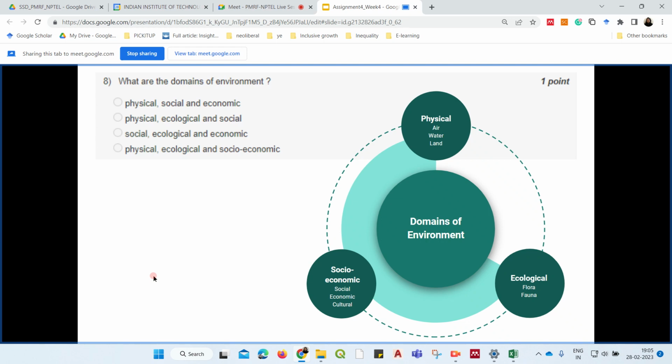And apart from that, economic and cultural domains pertain specifically to human environments. So socioeconomics refers to another domain of the environment, and these three together, physical, socioeconomic and ecological, form the three domains of the environment which this question is mentioning.